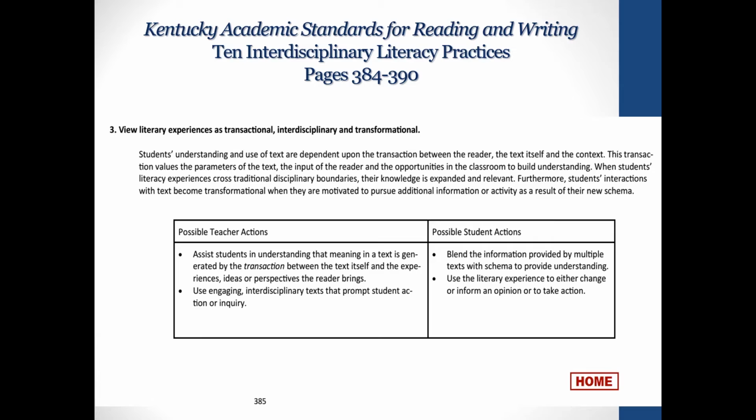So especially when we're talking about middle and high, we're talking about an argumentative type written response, because once these 3 entities of transactional, interdisciplinary, and transformational come together, the ultimate goal is a written response where they have either changed or want to inform what their opinion is.